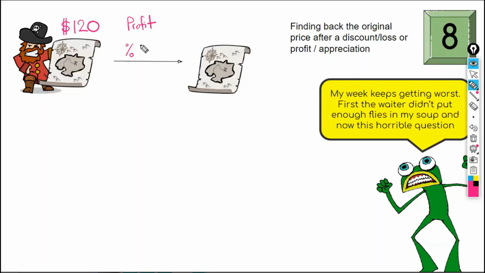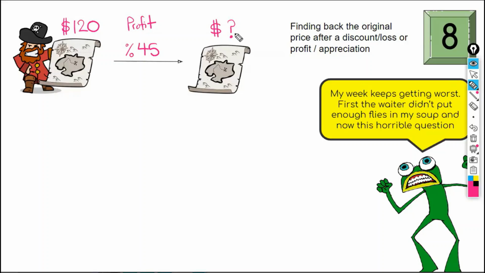If the profit he plans to make is 45%, how much will you be buying the map for? Remember, he's making a profit on it. So that means you are going to pay more than $120, okay?